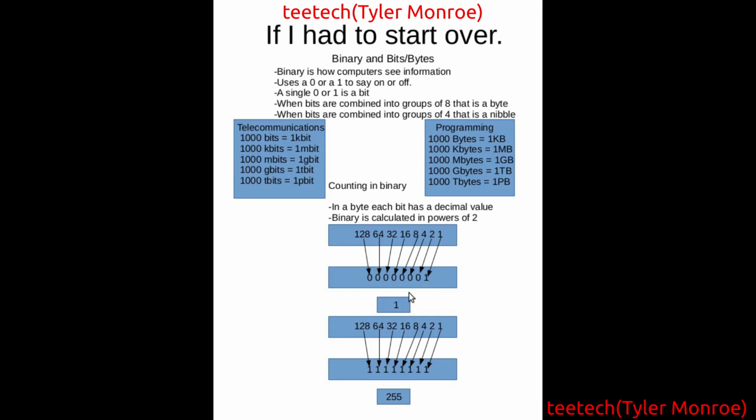I don't have to add the ones that aren't on. So that will come out to 1. In this example, they're all on: 1 plus 2 plus 4 plus 8 plus 16 plus 32 and so on. Bring that down in the equation and it equals 255.